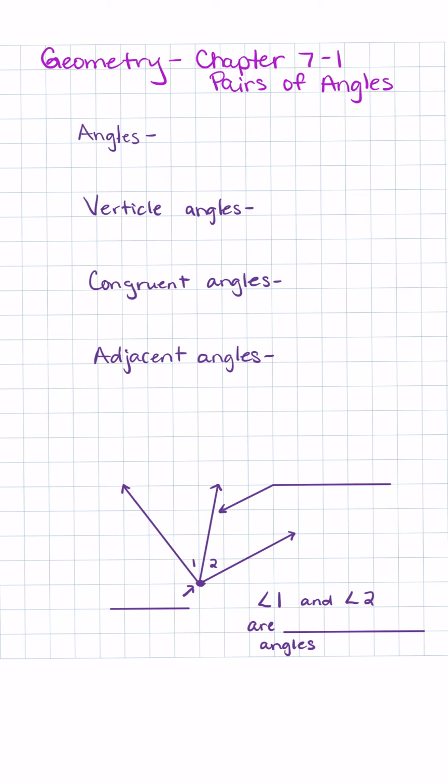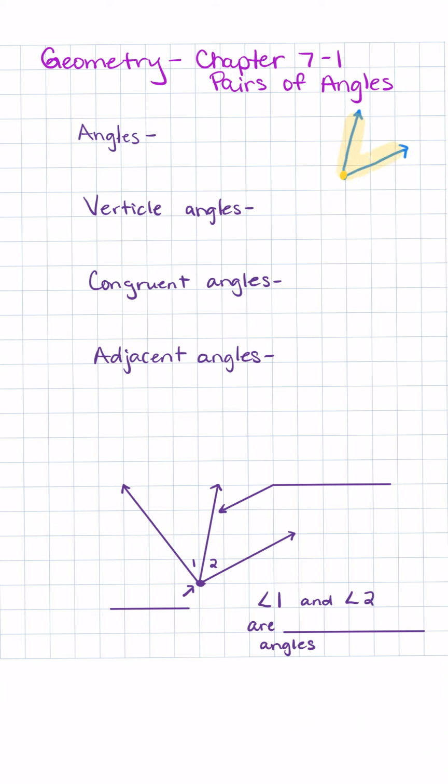An angle is when two rays, that's the sides of the angle, share a common end point. So if we have an end point and here is a ray and here is a ray, what is formed when these two come together at this end point, which is called a vertex, is called an angle.